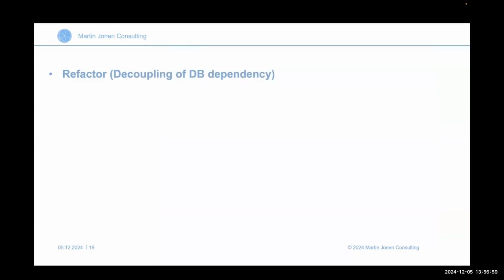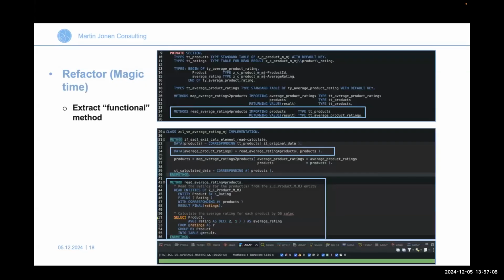And our last most important step here in the RAP framework, we are mocking our entity. So here we are working with a read entity, but still with DB access. If we are transporting this unit test to the integration layer, so next system, database is different, what will happen to the unit test? Wrong result.